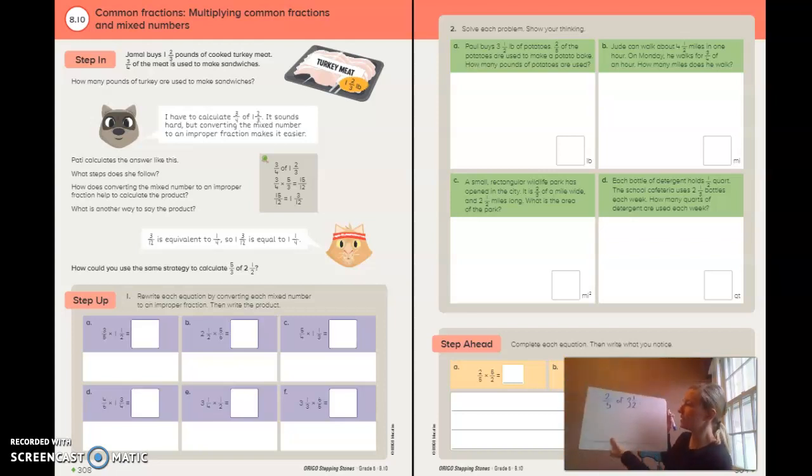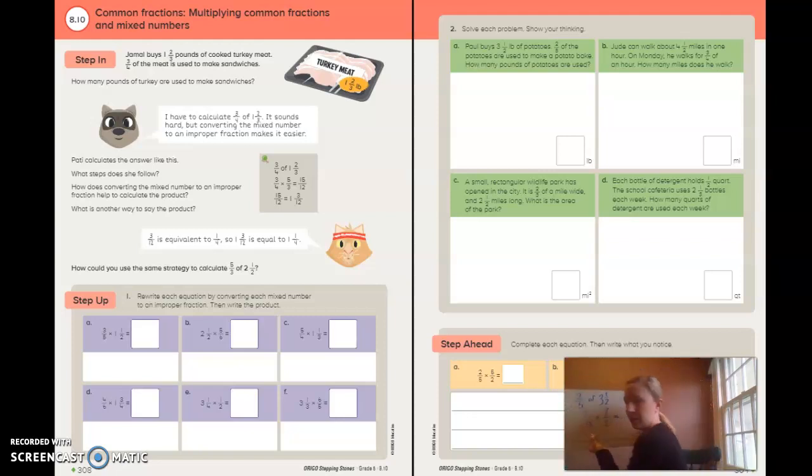In order to do this, I need to find my mixed number and convert it to an improper fraction. We take the denominator times the whole number: 2 times 3 is 6. Add on the numerator, we get 7. So my new fraction is 7 over the denominator, 2. So I've got 2/5 multiplied by 7/2.